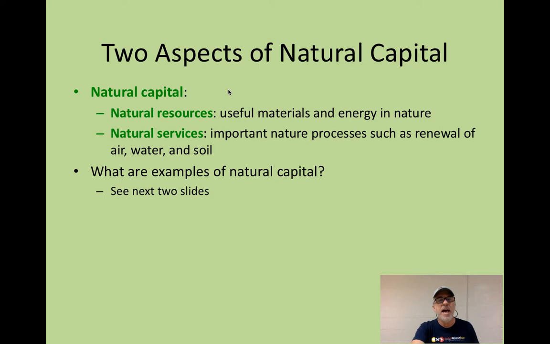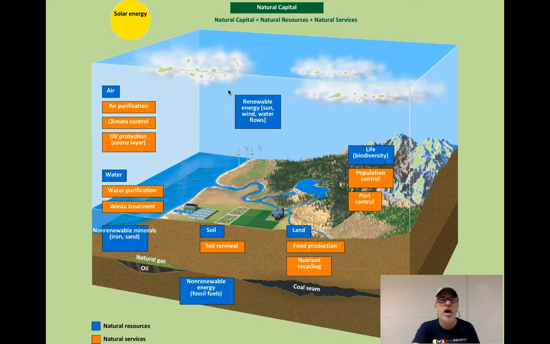So some examples of natural capital, because you might say, I get this sort of, but I'd like to see some more examples. So I've got, it says the next 2 slides, but it's actually the next 3 slides. Here is someone's conception of natural capital, and I don't necessarily think this has got everything in it. But you can see the blue boxes here are natural resources, and the orange boxes here are natural services, or ecosystem services, I prefer to call them.